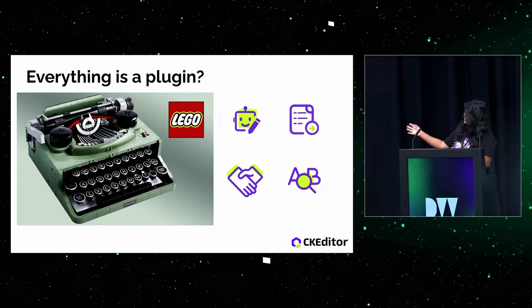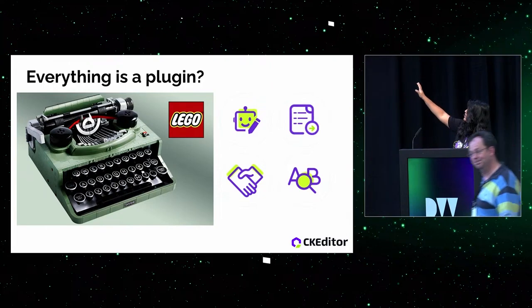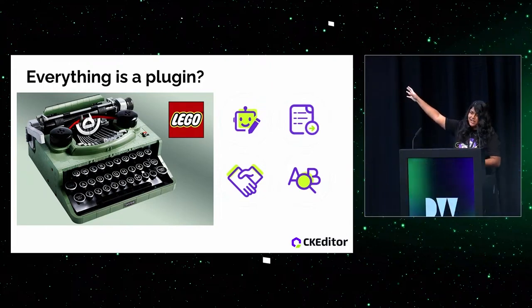And this Lego set is special, or CKEditor is special, because it comes with tiny blocks called plugins that let you basically add cool features to your existing editor. So I would just think of plugins as different Lego pieces that can do different things. And yes, you can follow the standard plugin and get exactly what you want out of the Lego set, or you can customize it and make it cool and make it your own.